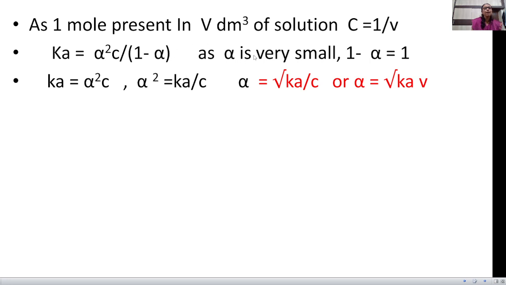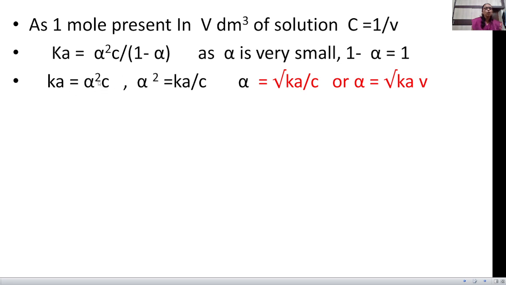But as alpha is very, very small because solution is dilute, and hence 1 minus alpha is nearly equal to 1. Consider this sign, nearly equal to. 1 minus alpha is nearly equal to 1. Therefore, Ka equal to alpha square C.